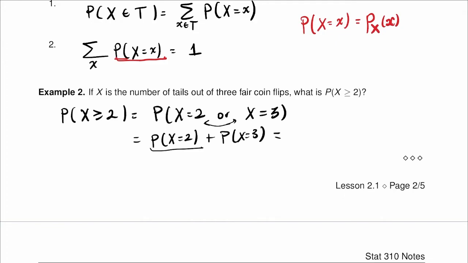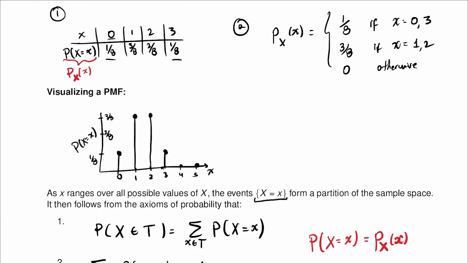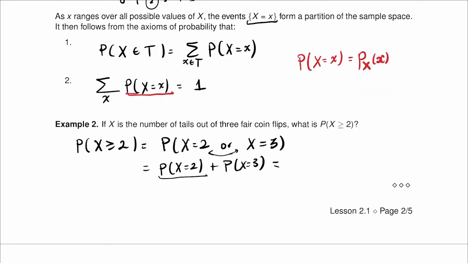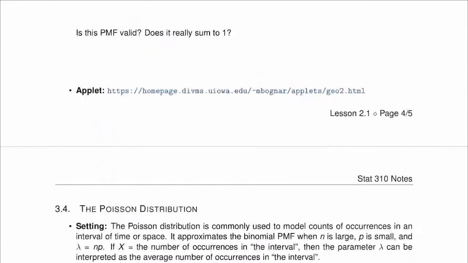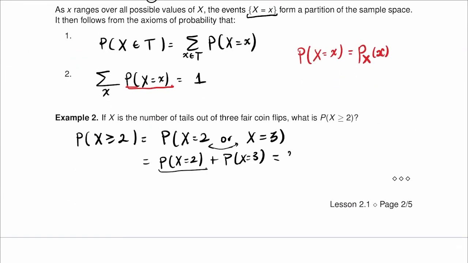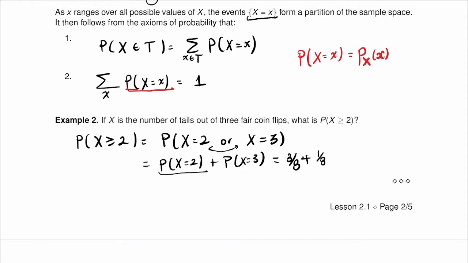What is the probability of X equal to 2? We can use the visualization or the table of values, and it's 3 over 8 plus 1 over 8. This is 4 over 8, which is 0.5.